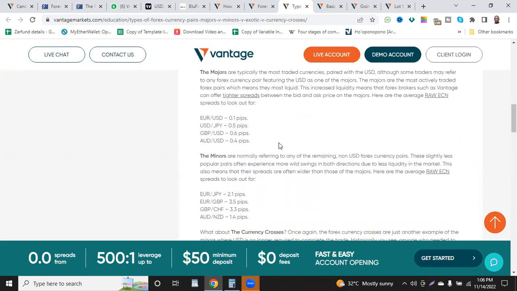These major currencies are the ones that most traders want to trade because of the transaction cost, which is the spread of trading these currencies. So as new traders coming into this market, you want to understand that where you want to stay is where other major traders are trading.